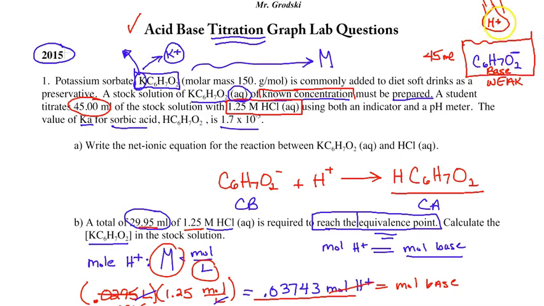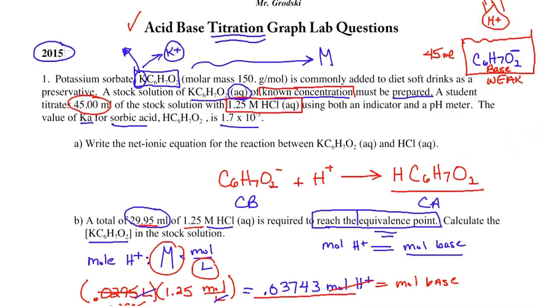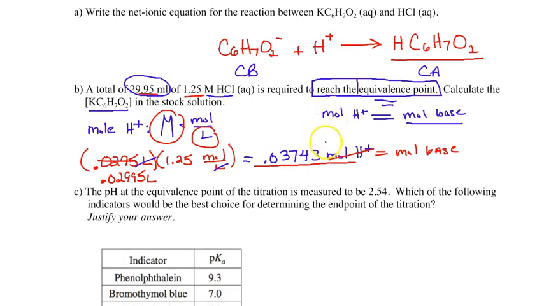So now I know the moles of the H plus, which is the same moles. So I take the moles of my base, which is the same thing, and I divide by the volume in my beaker, which is 0.045 liters.